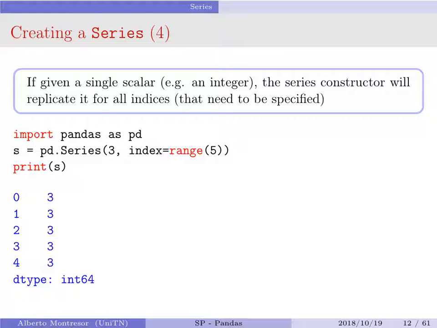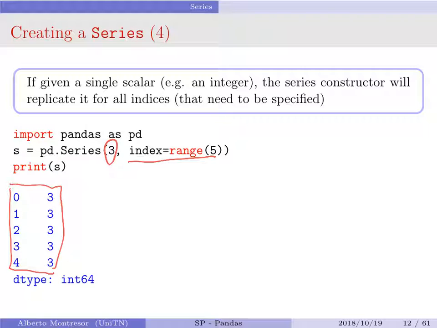And you can also create a series by specifying a value which is constant, but at that point it is not really a series, it's just an element, but you can specify an index, which in this case is a range between 0 and 4. So in this way you have something where every element is equal, but then the index is variable, okay?